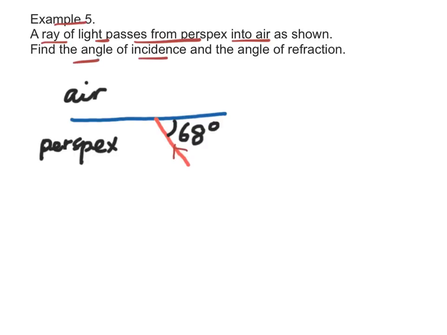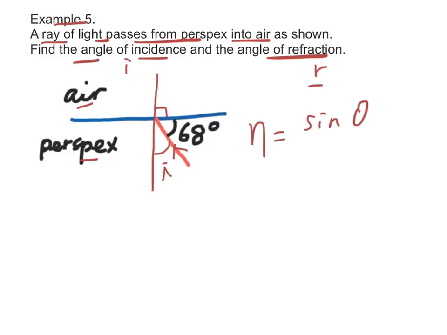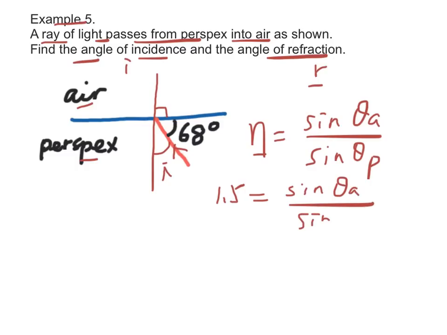Find the angle of incidence I and the angle of refraction R. After we draw the normal, we see that we have the light wave travel from Perspex into air, angle of incidence I, and angle of refraction R. Now we apply the equation n equal to sin theta A over sin theta P. We have refractive index of Perspex 1.5 equal to sin theta A over sin theta P, where theta P is equal to I, which is equal to 90 degrees minus 68 degrees, which is equal to 22 degrees.